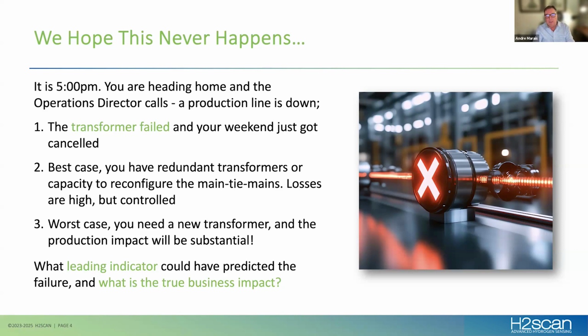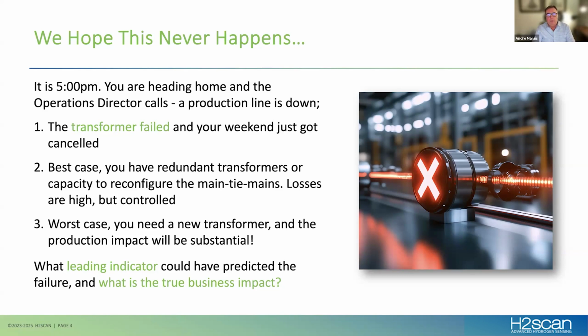And there may be a range of scenarios somewhere in between that you're trying to navigate. And the first question after you've recovered from the shock is, what leading indicator could have predicted this failure? What could I have done to know that this was going to happen and to try to get in front of it, as every responsible business person should be doing?